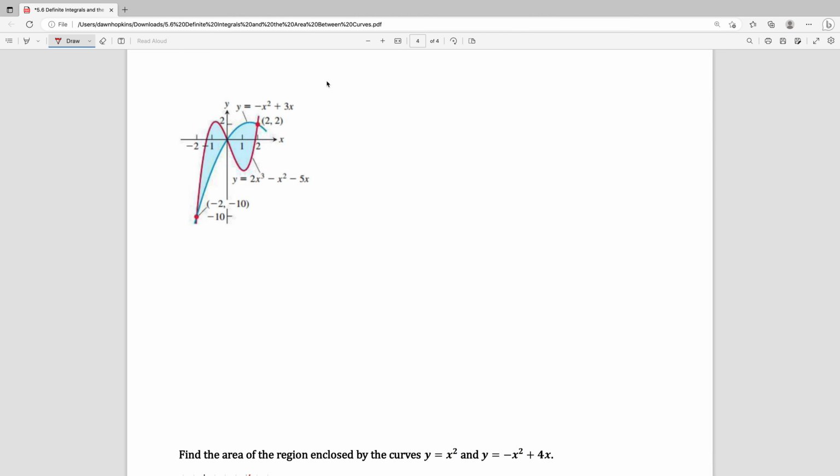So what we have here, the integral from -2 to 0, and it's starting out with the red curve on top, so that's 2x cubed minus x squared minus 5x. Minus the blue curve, which is -x squared plus 3x.